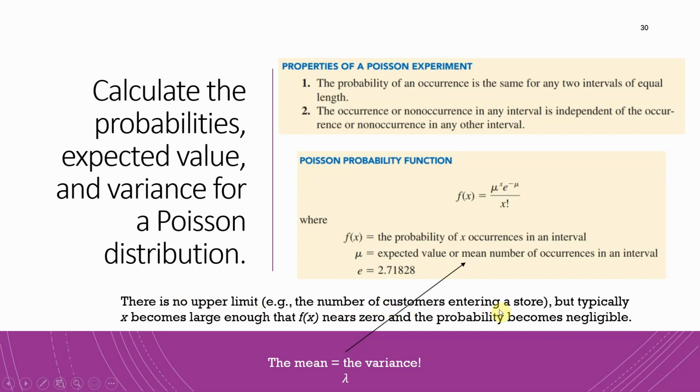For example, the number of customers entering a store, there really is no upper limit. You could have 5 people enter, 10, 20, 100. But typically, as X becomes large enough, the probability near zero becomes negligible. The probability that 2 or 3 or 4 people enter the store is typically higher compared to maybe 100, if you have a small store. So that's just the overview of it.